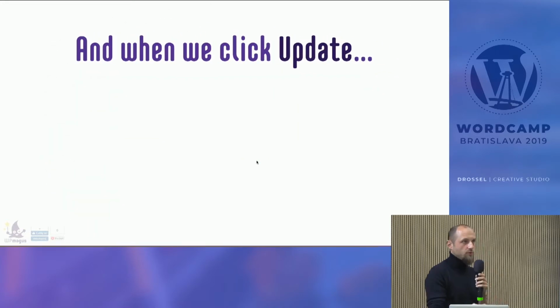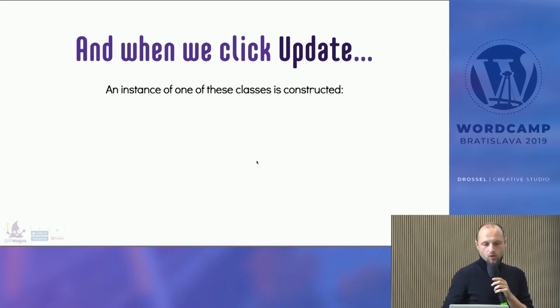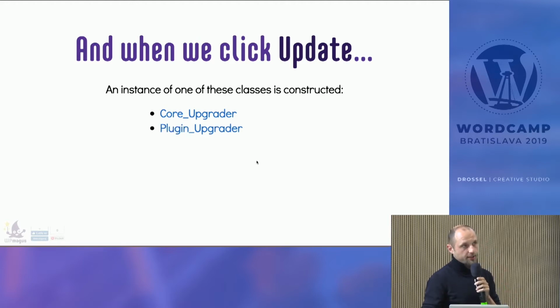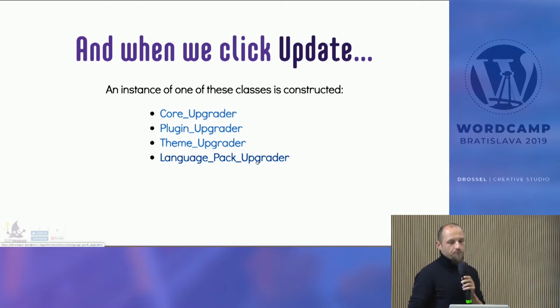So what happens when we click update? We have all the info, we have seen the notice, we push update. Well, an instance of one of these classes is constructed. There are 4 classes that WordPress uses: core upgrader, plugin upgrader, theme upgrader, and language pack upgrader.